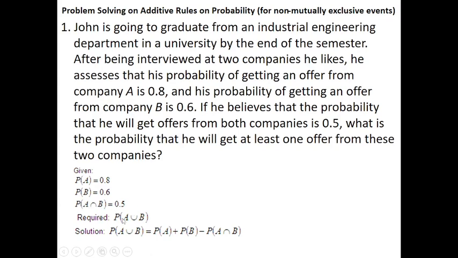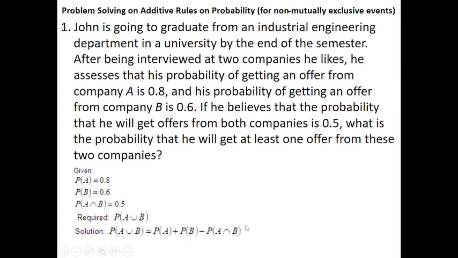In this problem, it is equal to 0.5, that makes both events A and B to be non-mutually exclusive events.